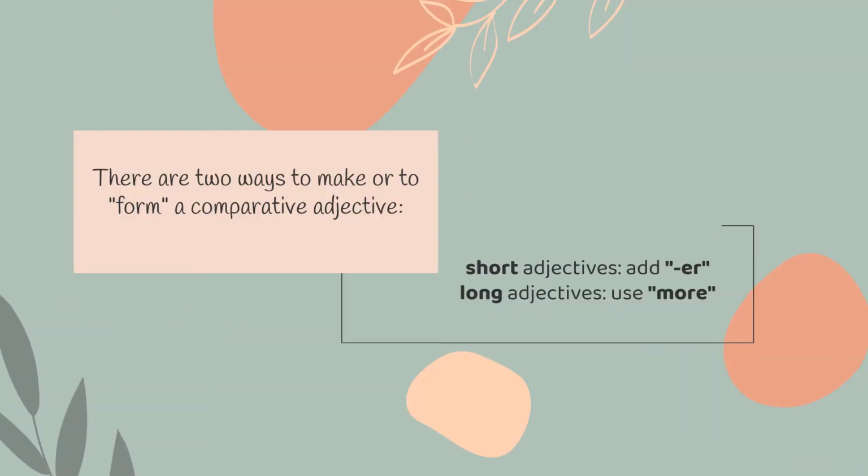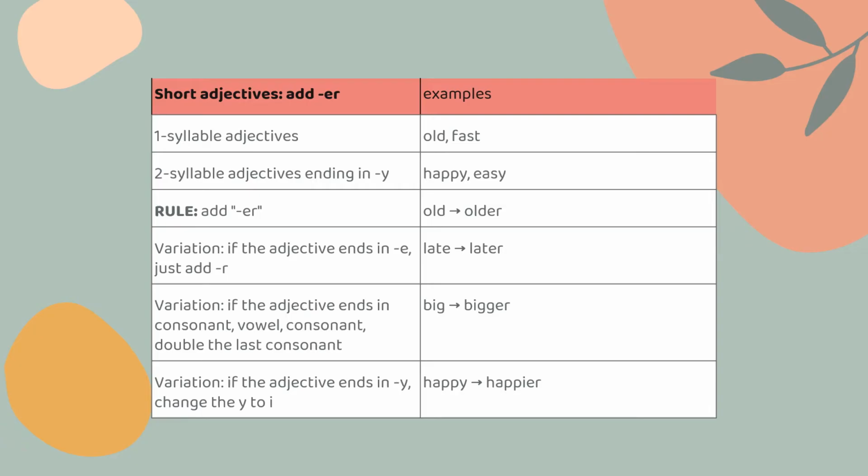There are two ways to form a comparative adjective. Short adjectives add er, and long adjectives use more. This is a table. You can see short adjectives add er, and the examples are this. Number one is one-syllable adjectives, old, fresh.